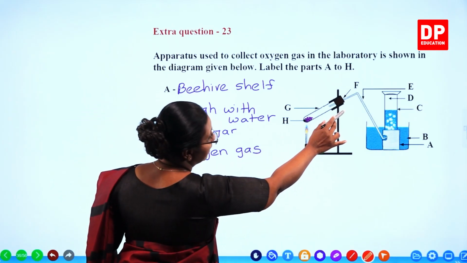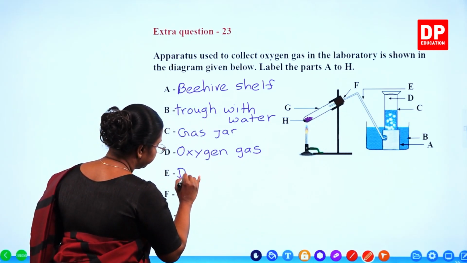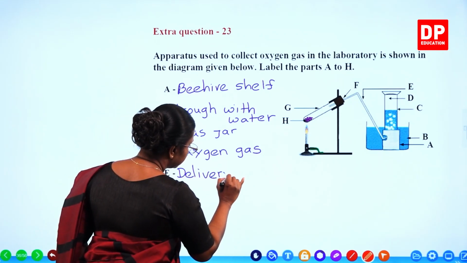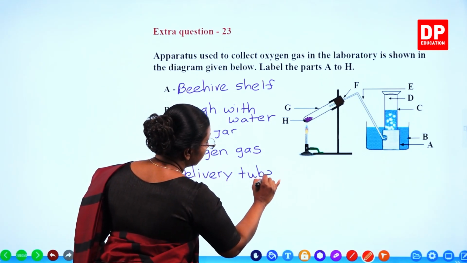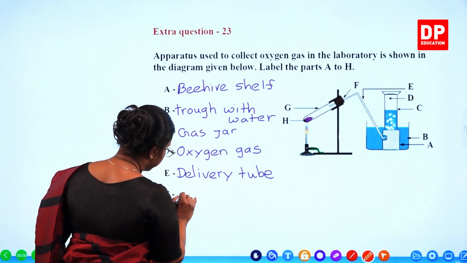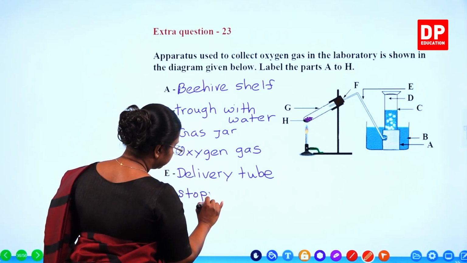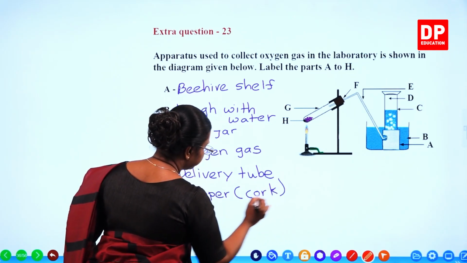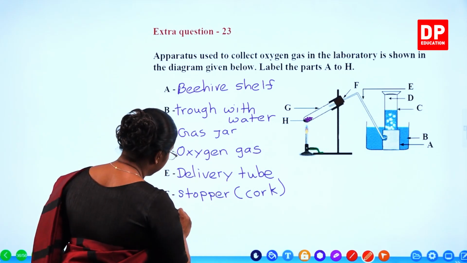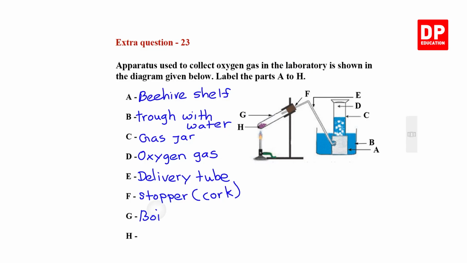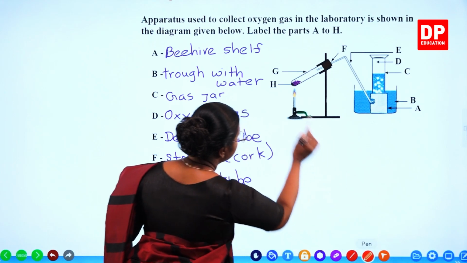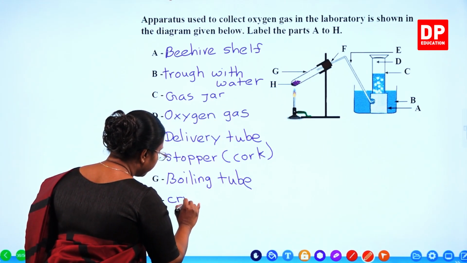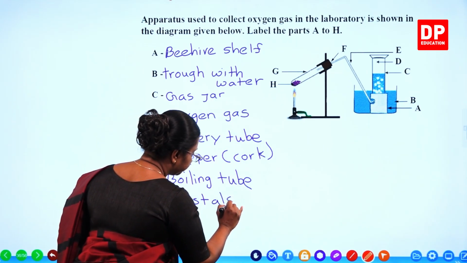Then E is the delivery tube. Then we have F is the stopper. I'll put it as cork in brackets. Then G, we have the boiling tube. And H should be crystals of potassium permanganate.